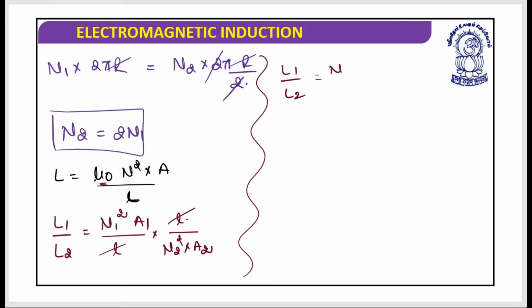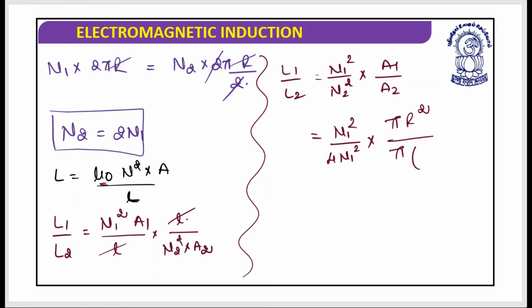So this is equal to N1 square divided by N2 square multiplied by A1 divided by A2. N2 could be replaced by 2 N1, so the square of this is 4 N1 square, multiplied by area 1. Area 1 was pi into R square, divided by area 2, which is pi into R by 2 whole square.